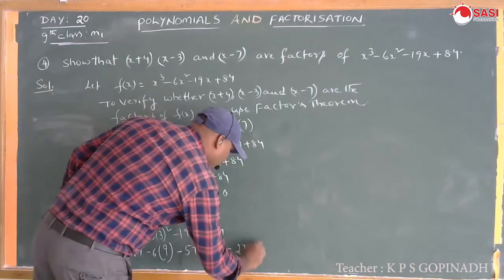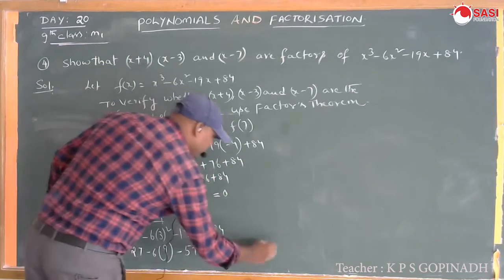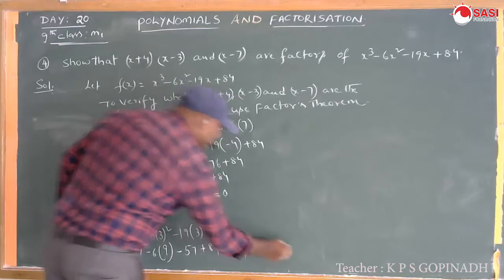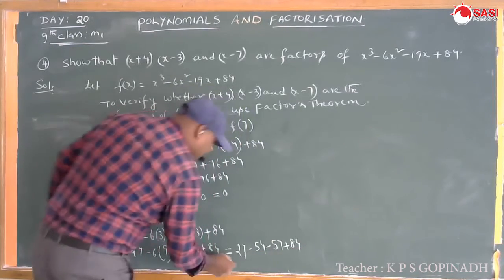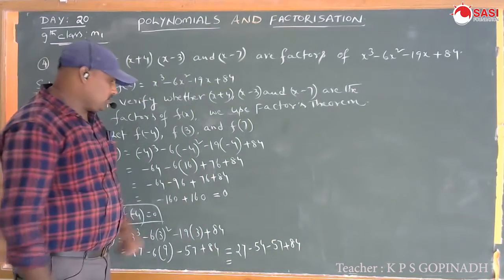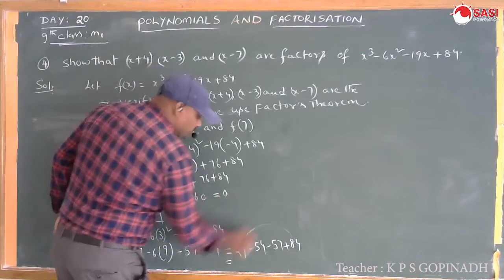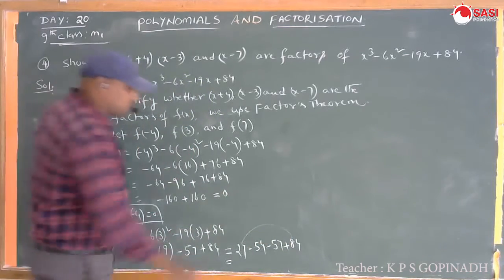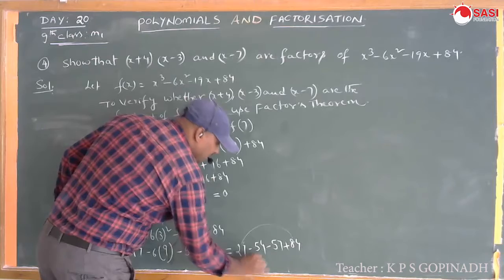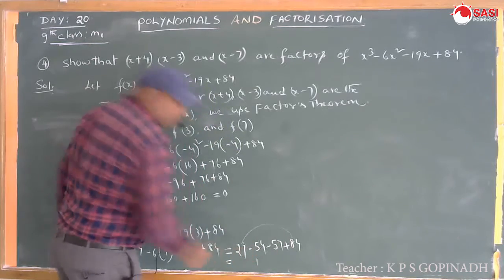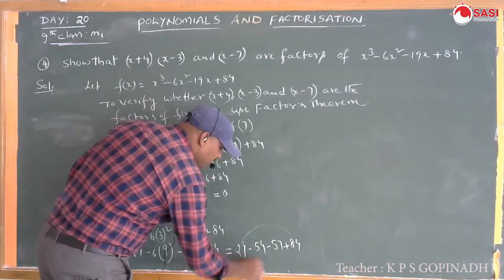So 27 minus 54 minus 57 plus 84. Add the positive numbers, here 84 plus 27. How much? 4 plus 7, 11, remainder 1. 8 plus 2, 10, plus 1, 11. 111.